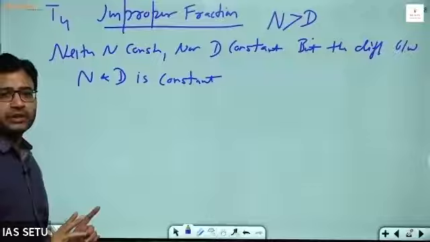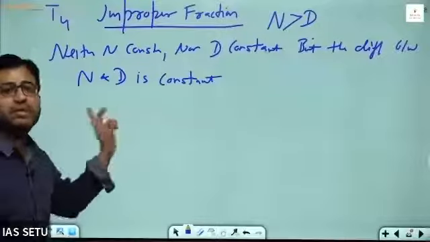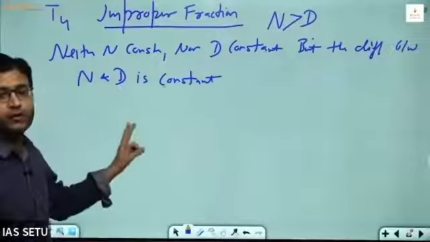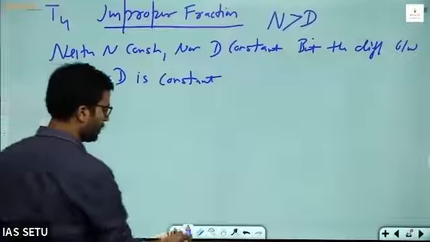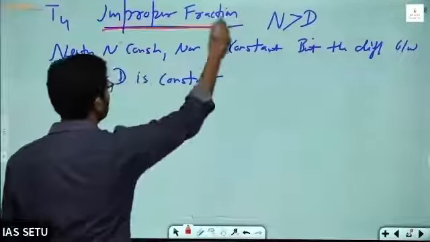Same like type 3, but the difference is type 3 is for proper fraction, type 4 is for improper fraction. You underline the word improper fraction. The rest is all the same.